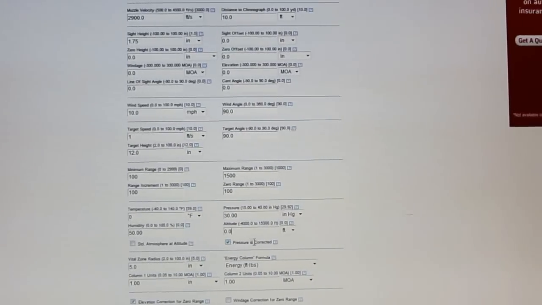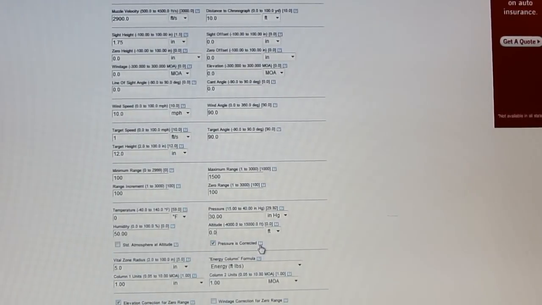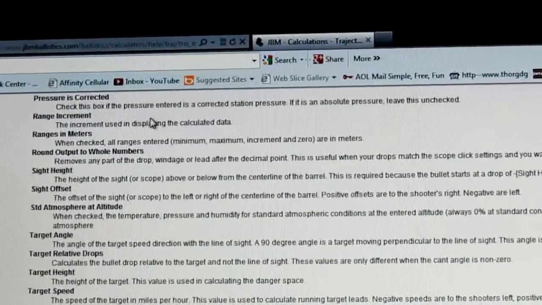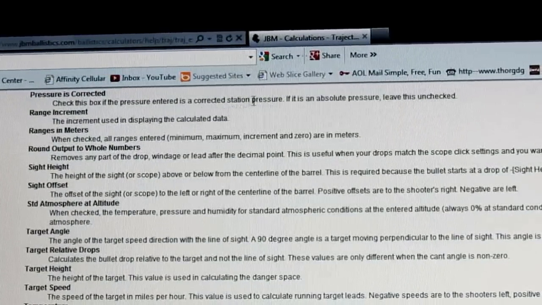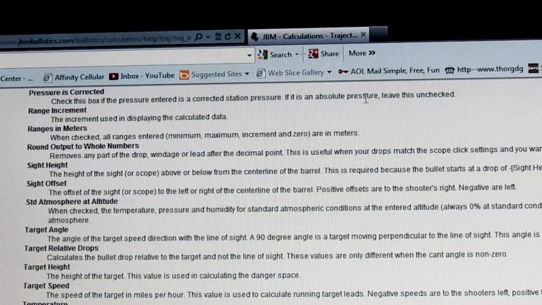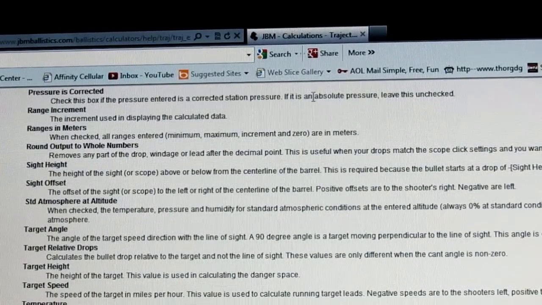Anytime you see a check box, you want to look at that carefully. So let's click on the old question mark and see what they're talking about. Pressure is corrected. Okay, check this box if the pressure entered is a corrected station pressure. If it's an absolute pressure, which is what we're going to be doing in the field, we're going to use absolute pressures.